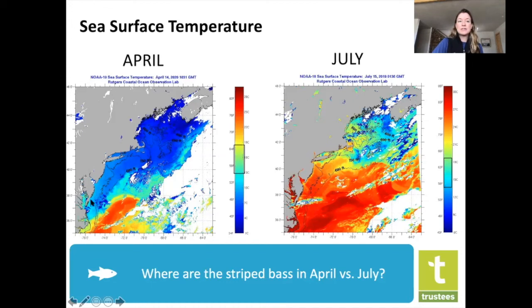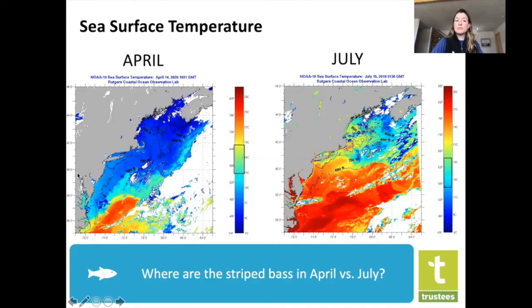So take a look at this map. Where are the striped bass in April? If you follow my cursor, the colors seem to be generally down here, right? We're not seeing that color up in this region yet, just down here.